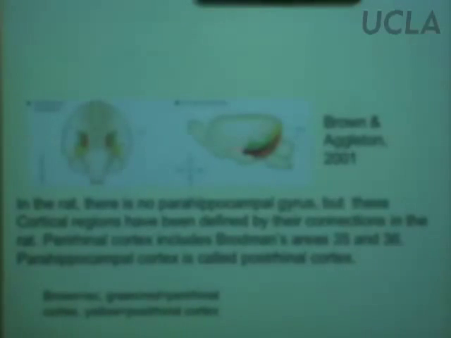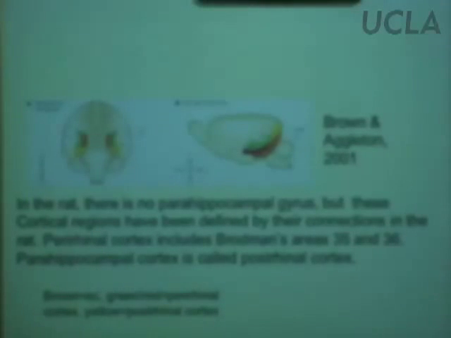And see how the perirhinal cortex-like areas are more rostral, and the postrhinal or parahippocampal cortex is more caudal. Okay, so in the rat there's some analogy. You don't see a nice gyrus like you do in the primate, but there are areas, if you just base it on anatomical connections, that look very analogous and also seem to have some functions in memory.